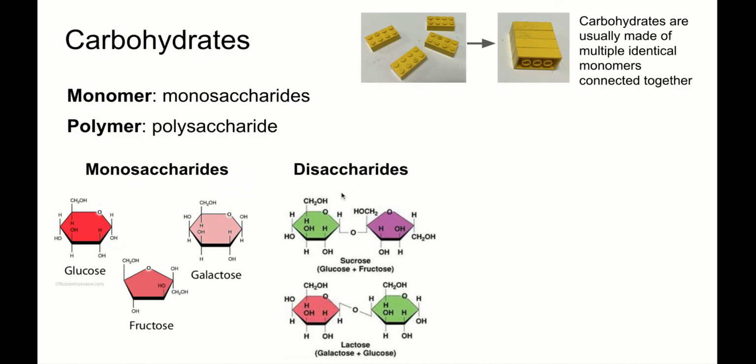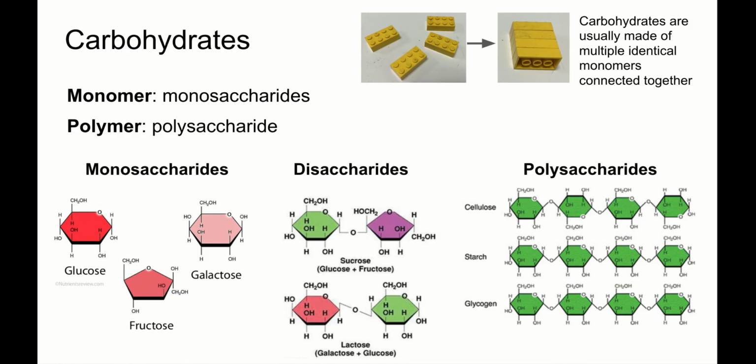Sucrose, table sugar, is glucose connected to fructose, and lactose on the bottom, which is the sugar in milk that some people are intolerant to, is galactose connected to glucose. And these are disaccharides, dimers, 2 monomers joined together. Then we've got our polysaccharides, our polymers, and we've got 3, cellulose, starch, and glycogen. And actually all of these are different forms of glucose bonded together into long chains.